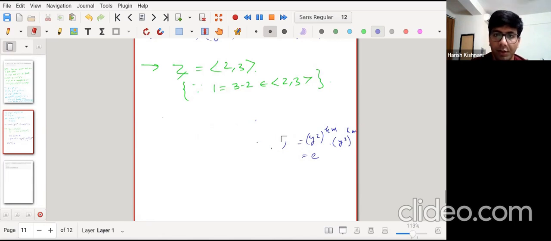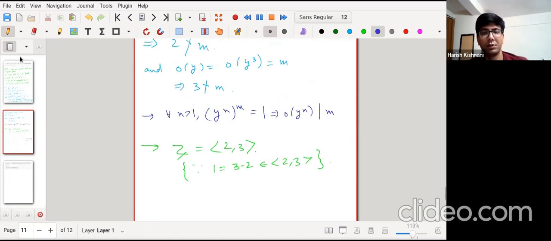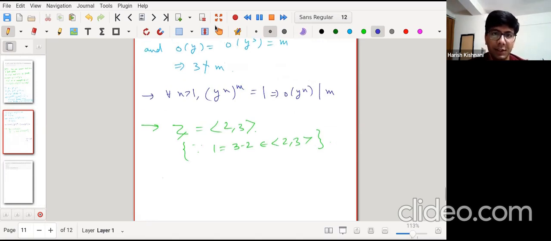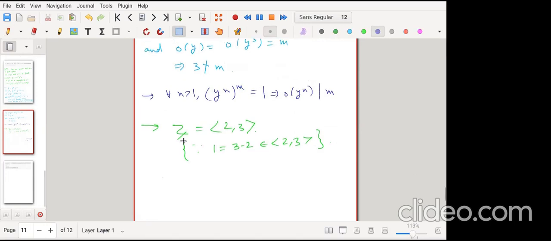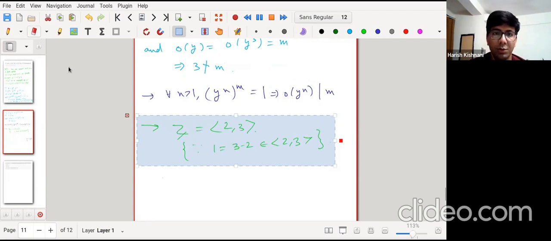That will say that m has to be 1, because nothing greater than 1 can divide m. If this is required, you can use this; otherwise, without this also, I think you should be able to do it.